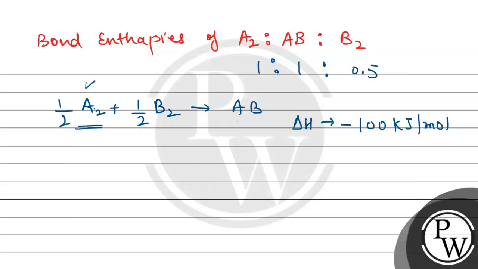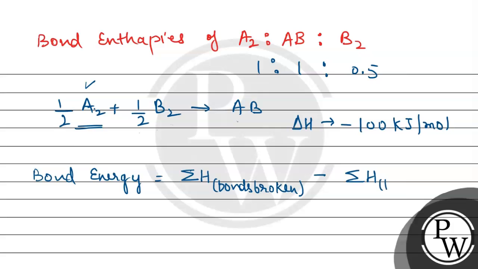So now let us consider the formula for the bond energy. जो हमारे पास bond energy के लिए formula रहता है that will be equal to the sum of all the bonds broken, so here we can write summation sign, and H represents the bond enthalpy for the bonds broken, minus the sum of enthalpy for the bonds formed.